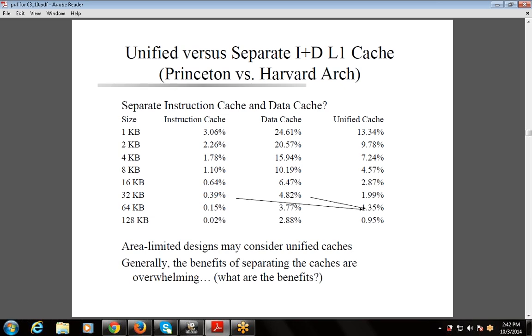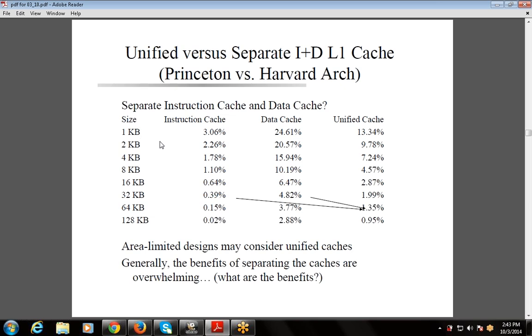Here are the sizes, 1 KB: instruction cache 3.06%, data cache 24.61%, and unified cache 13.34%. That is, for 1 KB, the instruction cache miss rate is only about 3%, the data cache about 24%, and if it stores both data and instructions, only about 13%.